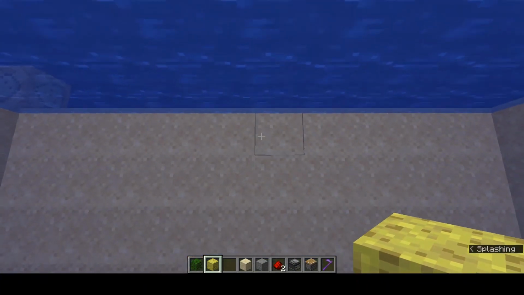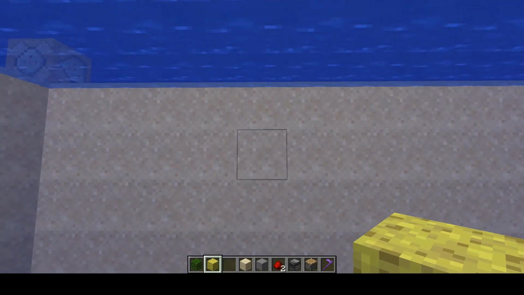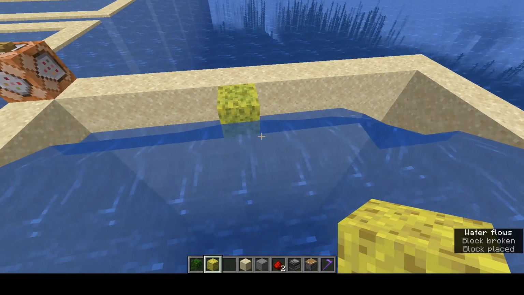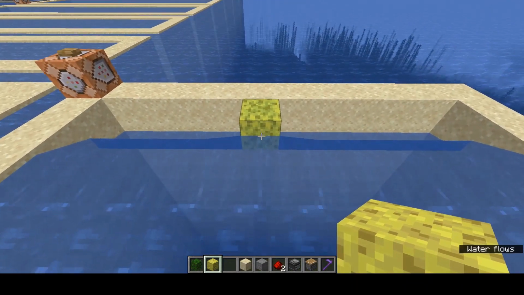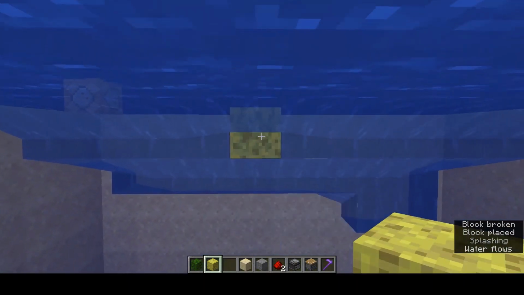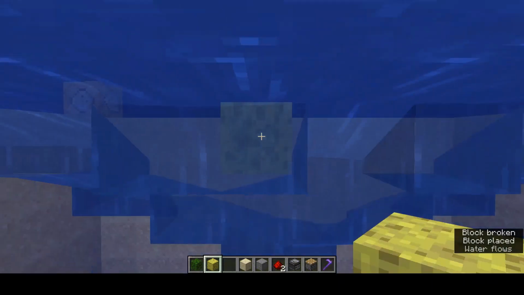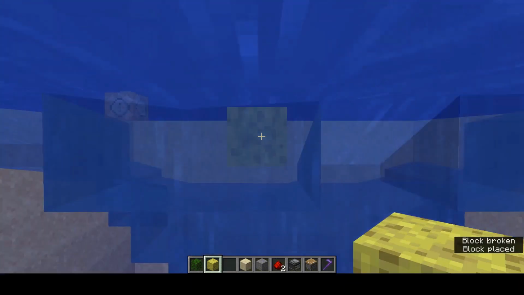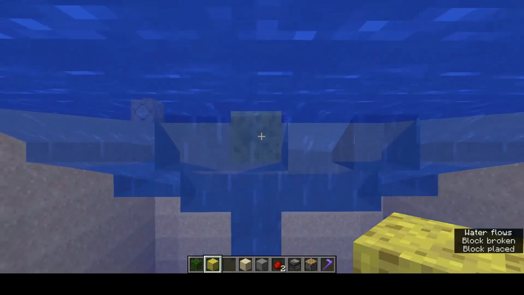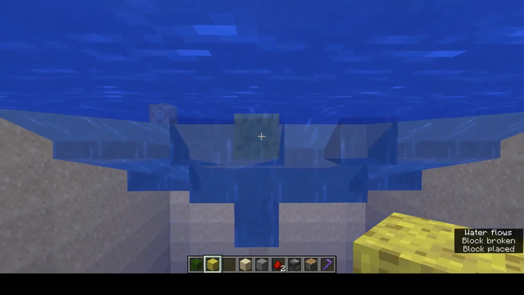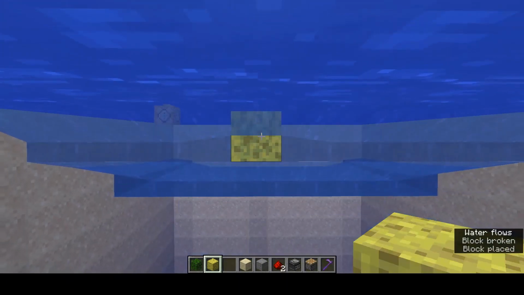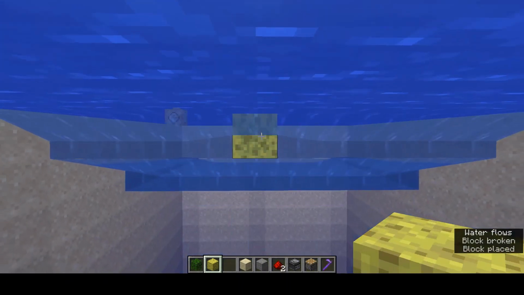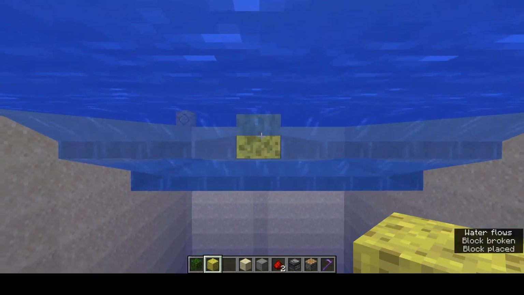Same with the 10 wide. It is insane that this works. You can clear a 10 wide channel. I have not checked the 11 wide. I don't think I'm going to bother because it's just so inefficient.